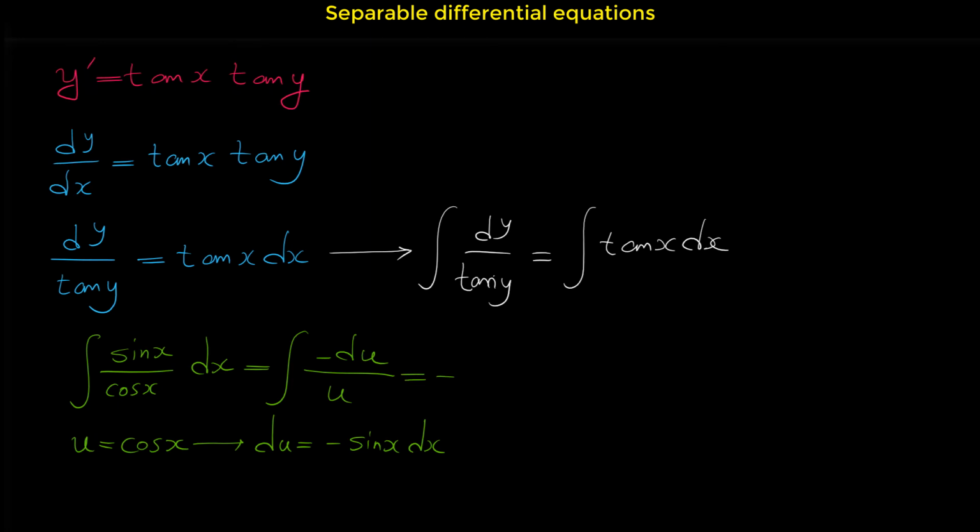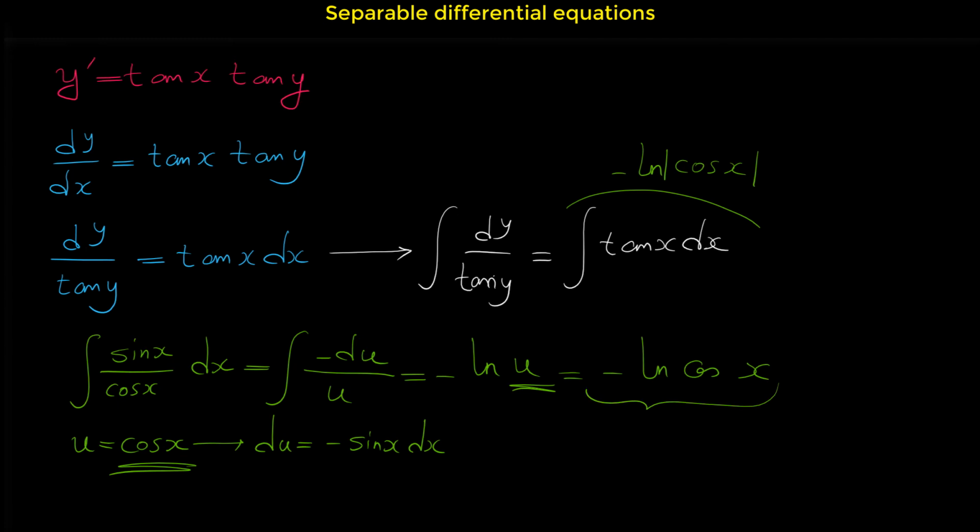And this integral equals negative ln of u. And u is cosine of x, so this equals negative ln of cosine of x. Usually it's better to put absolute value around cosine of x. But note that you can also write this answer in the form of ln of cosine of x to the power of negative 1.